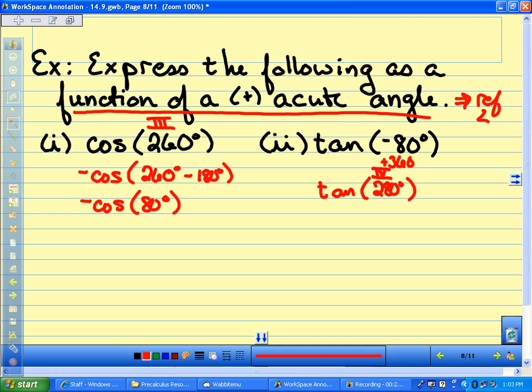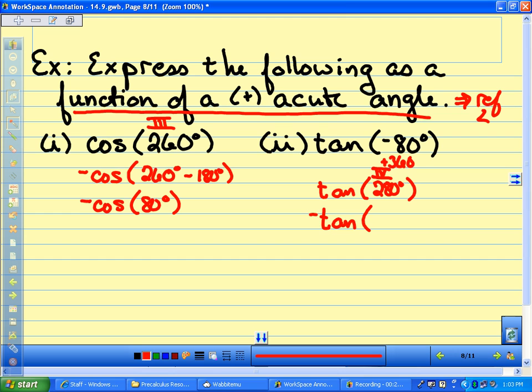The first purpose is to determine the sign of my trig function. Quadrant 4, is tangent positive or negative? It's negative. What is positive in 4? Cosine is positive. So tangent is negative in 4, and then the second purpose for the quadrant is determining the reference.